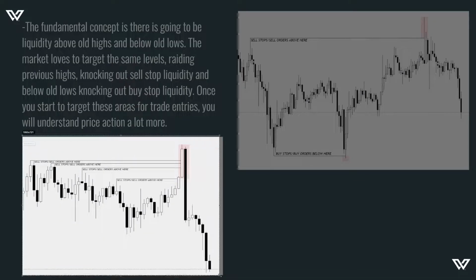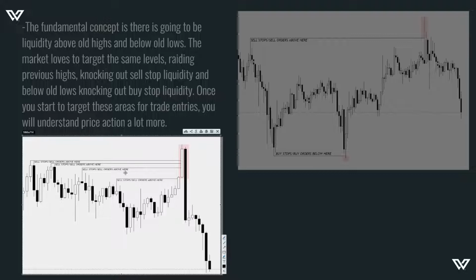So, two examples here. What we have here is price making, not necessarily clean structure, but we've got these swing high points, and at no point is price coming up to retest them. It's just a constant downtrend. Eventually what you see here is price coming up to take all of these stops above these highs.